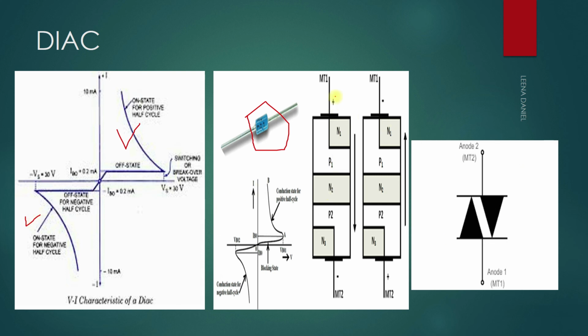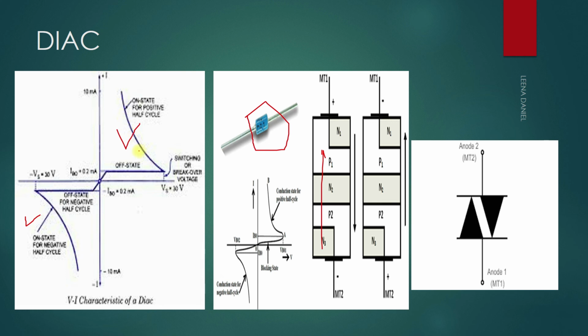When we make MT1 positive with respect to MT2, this PNPN construction will conduct, and we get the characteristic like that. Here there is no gate terminal, so we have to increase this voltage up to a certain level, which is the breakover voltage, and the diac will turn on.